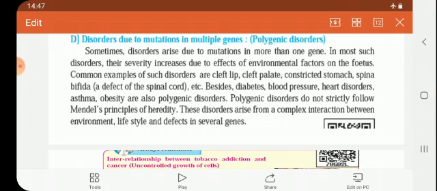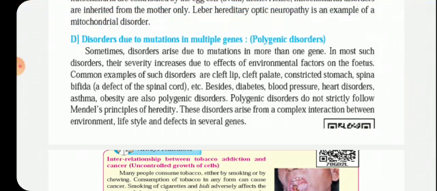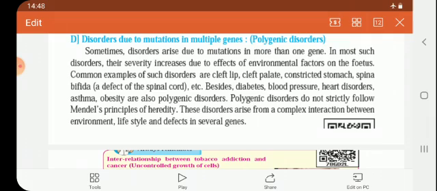because polygenic disorders occur due to environmental factors. Blood pressure, heart diseases and asthma are caused due to environmental factors, while cleft lip and cleft palate are due to mutation in the parents. Polygenic disorders are not strictly followed by Mendel's principles of heredity.